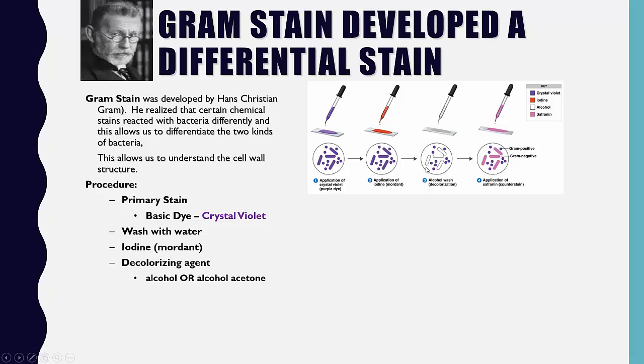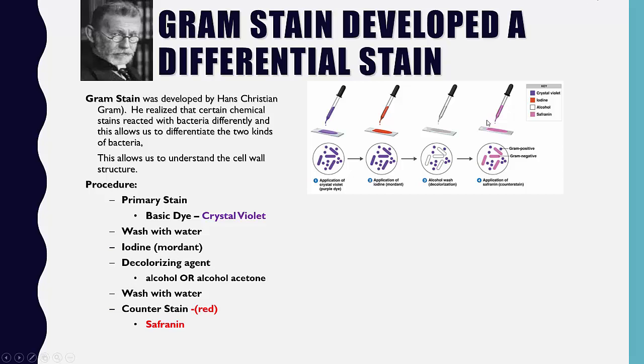Now, there's the last step, and we rinse very well. The last stain is called the counterstain, and actually Hans Christian Gram didn't come up with this one. Another scientist did, who said, I'd like to see what the other cells look like, the ones that rinsed out, that didn't have a lot of cell wall and didn't maintain all that crystal violet.